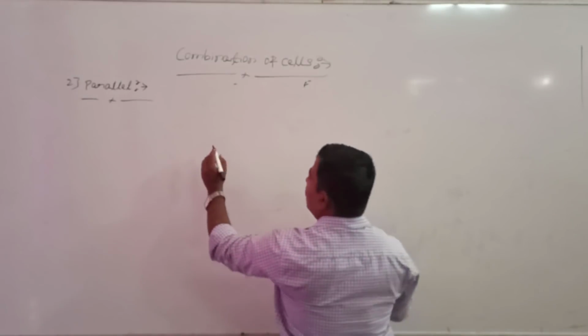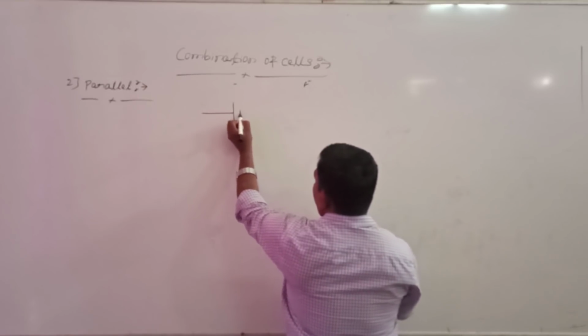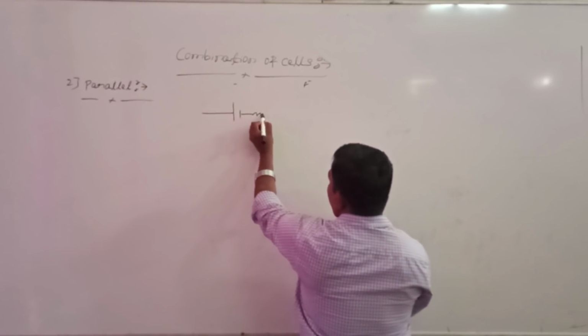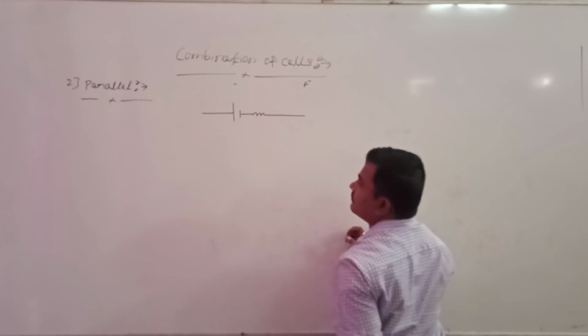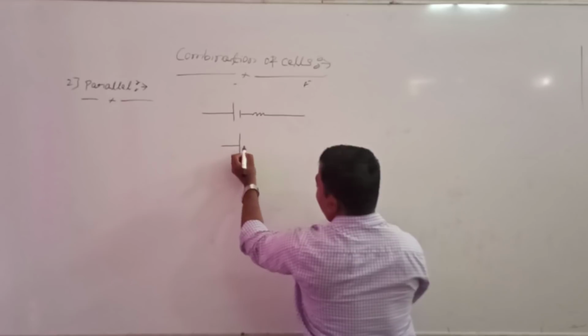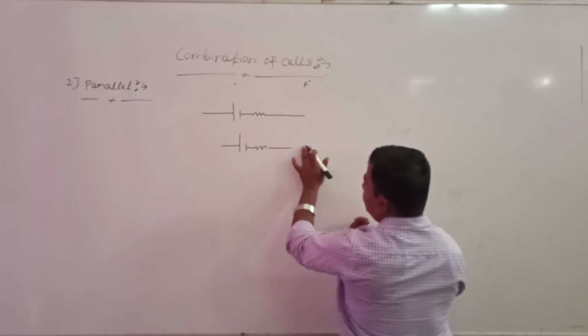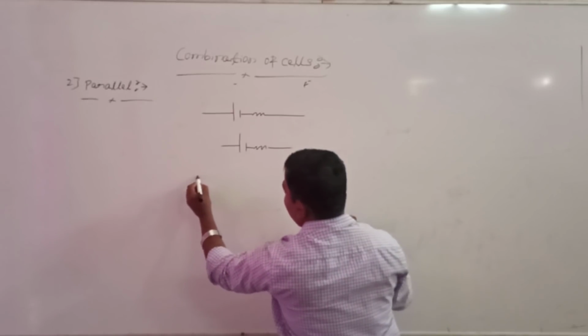Let us see how it is. This is one cell, with positive terminal, negative terminal, and internal resistance. Again we will take one more cell, and again like this.